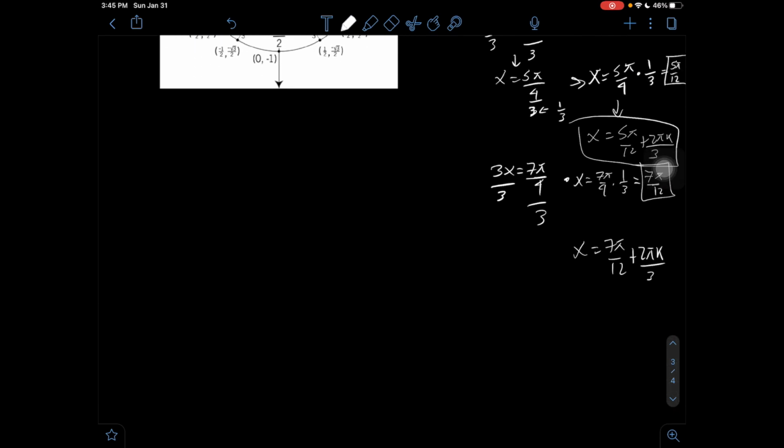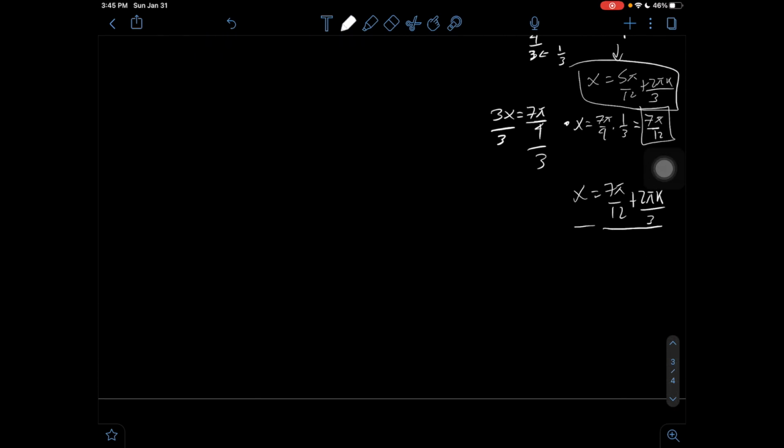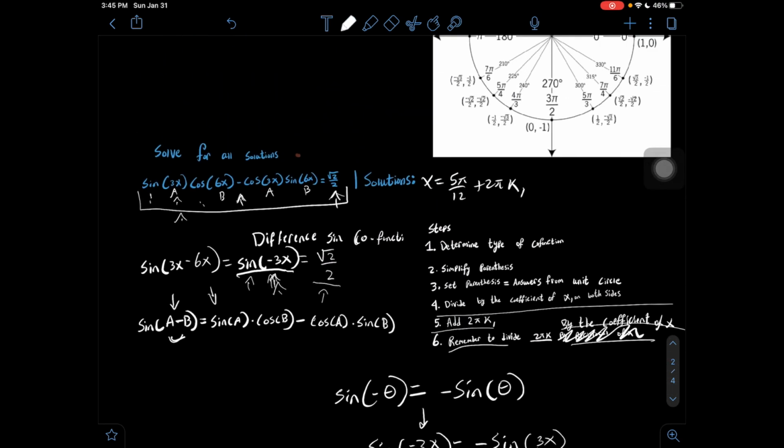And the second answer we found was x equals 7 pi over 12 plus 2 pi k over 3. And we forgot the over 3 up here as well. So we have x equals 5 pi over 12 plus 2 pi k over 3. And these are the two solutions for this question right here.